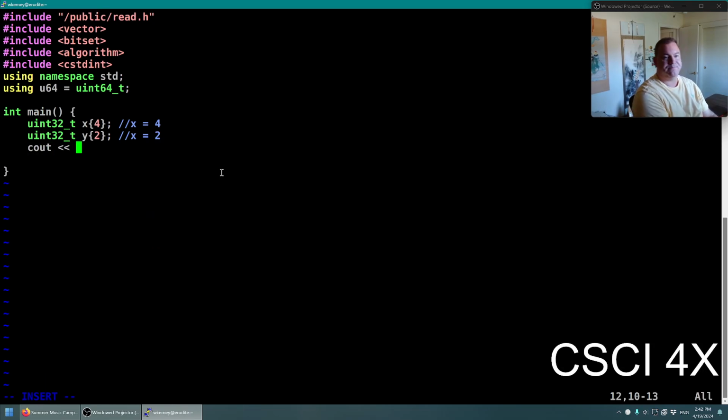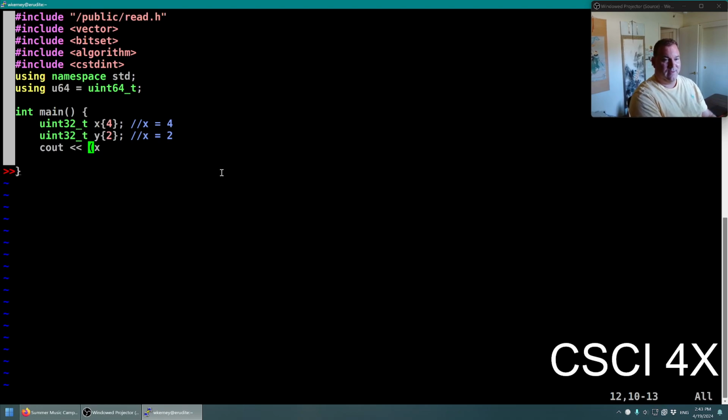So what would it be if we counted x, and usually you need the parentheses for this, by the way, because the double left arrow operator is a bitwise operator, so you run into order of operations problems if you don't have the parentheses. Like if you say, what is 4 left shifted twice?